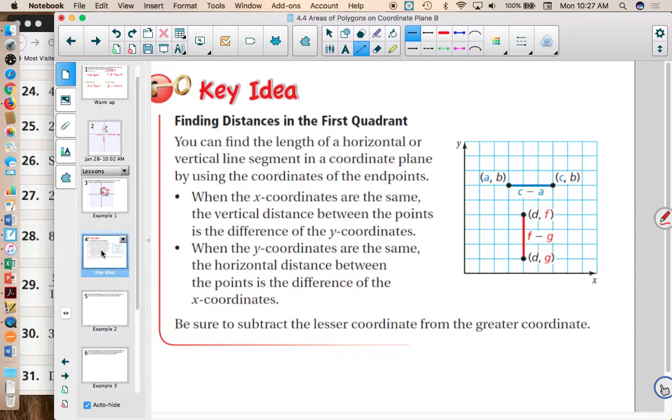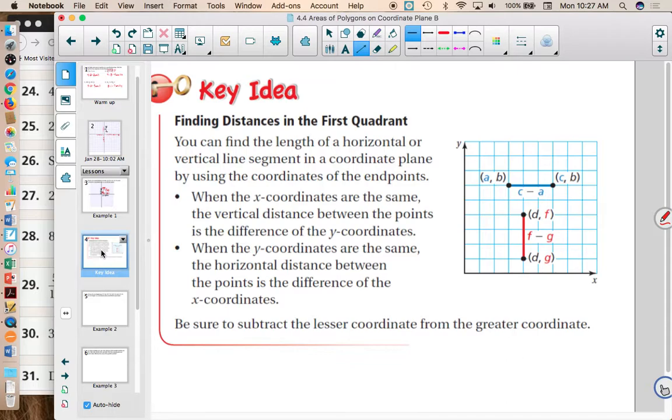Because I've got an A and a C. The two B's are the same. If you're using the same letter, it's the same value. And so it's just exactly like what we did earlier. We subtract the difference. Okay? Here they looked and they said, well, the y value changes, and they subtract the difference. So we can do it by subtraction. Be sure to subtract the lesser coordinate from the greater coordinate.